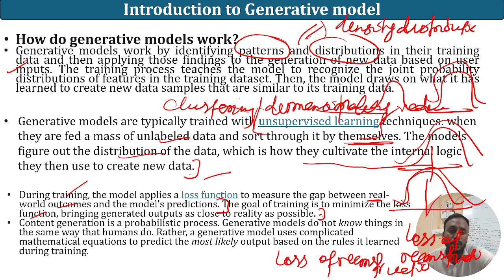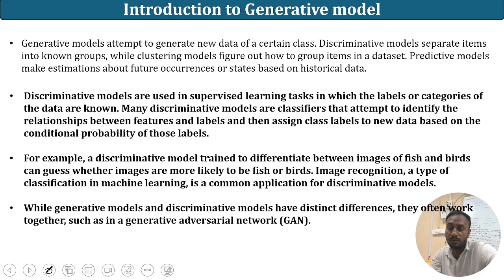Content generation is a probabilistic process, and generative models do not know things the way humans do. They use complicated mathematical equations to predict the most likely output based on the rules learned from training. It can't be 100%, so zero loss is sometimes not possible.